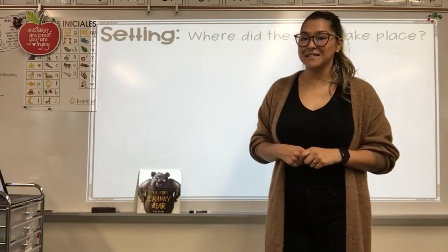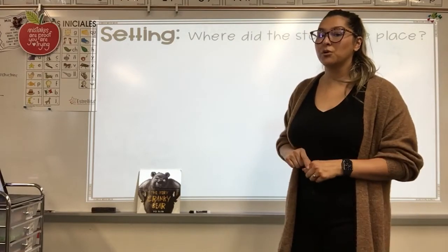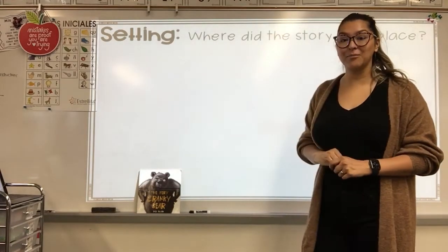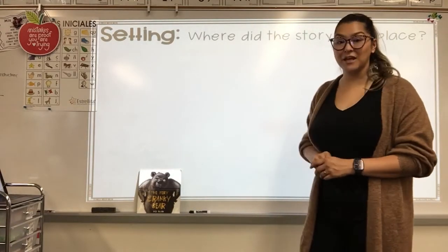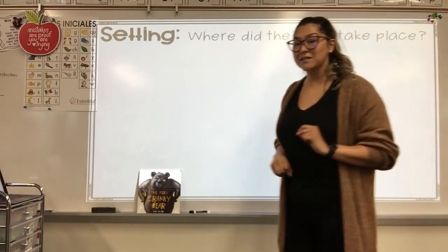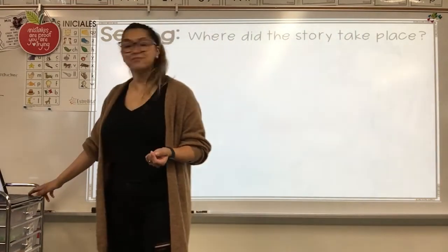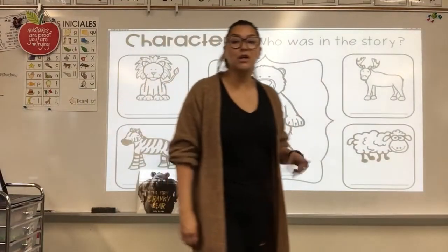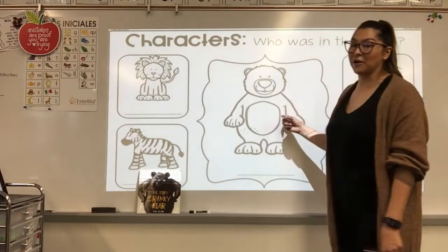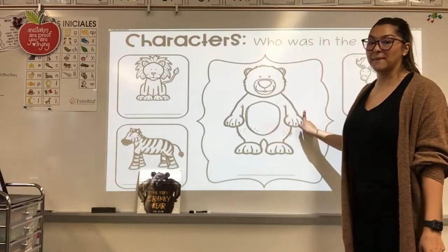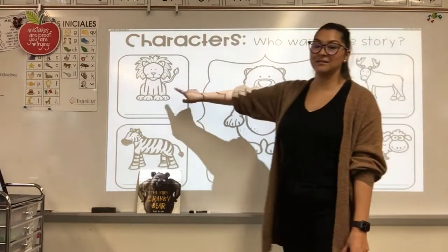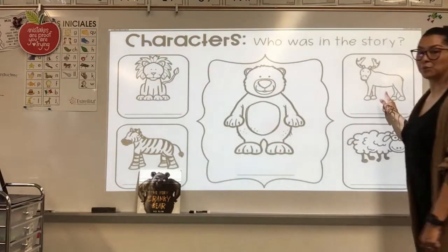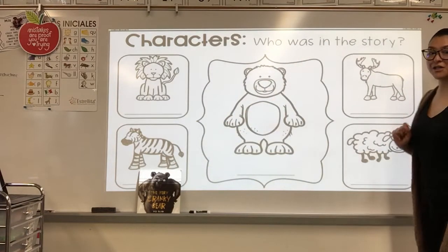So for today's activity, I would like you to recreate your own image of the setting of The Very Cranky Bear. You can include some of the characters from the story. And if you'd like some ideas on what those characters were, because we have worked on identifying characters in the past, we know that the main character was the bear. We had a lion, a zebra, a moose, and a sheep.